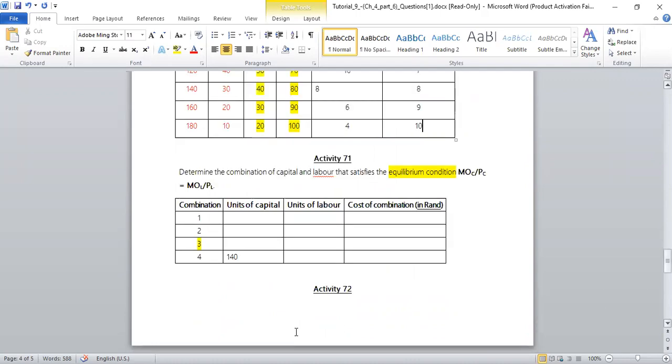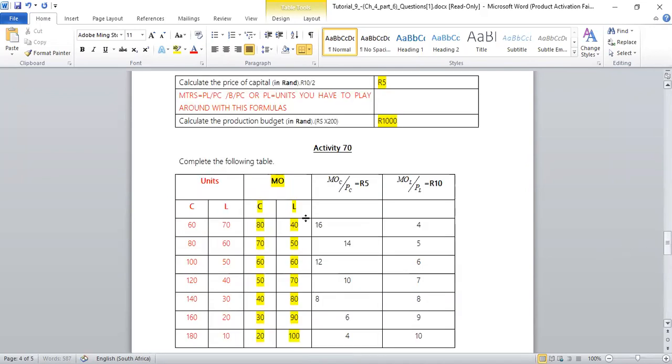Activity 7. Yes? I didn't understand it. How do you get the answers? Okay, I will do this one. So marginal output for this one is 80 divided by the price.